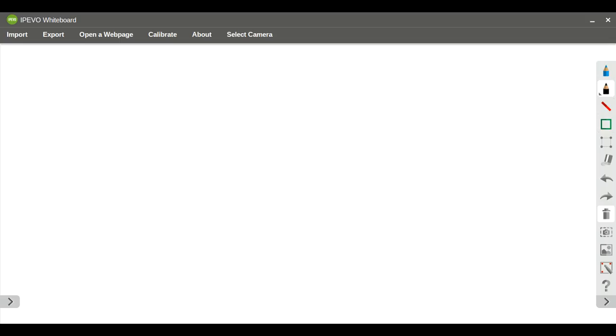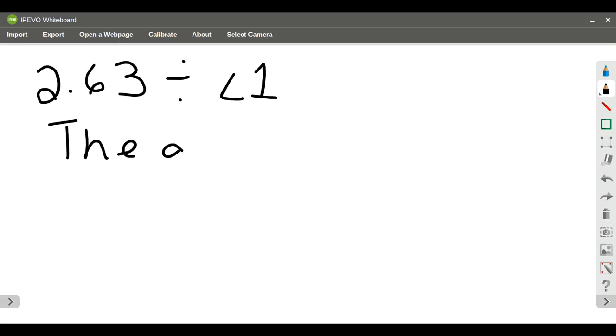So if we take a look at number 1, it says if the dividend is 2.63 and the divisor is less than 1, what can you say about the quotient? If the dividend is greater than the divisor, the quotient is going to be greater than 2.63.